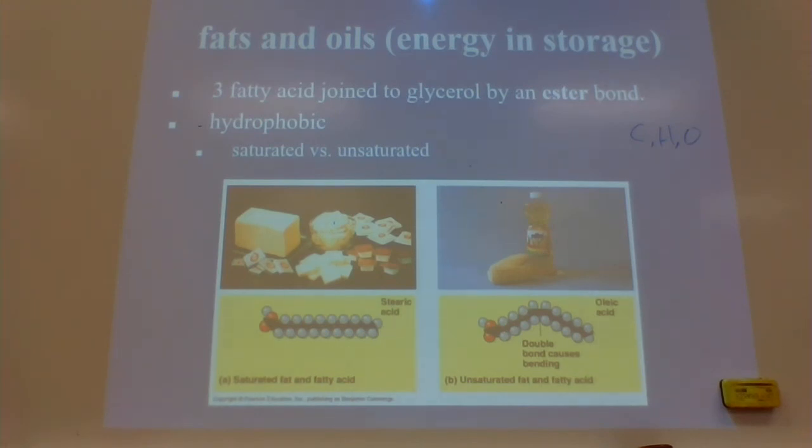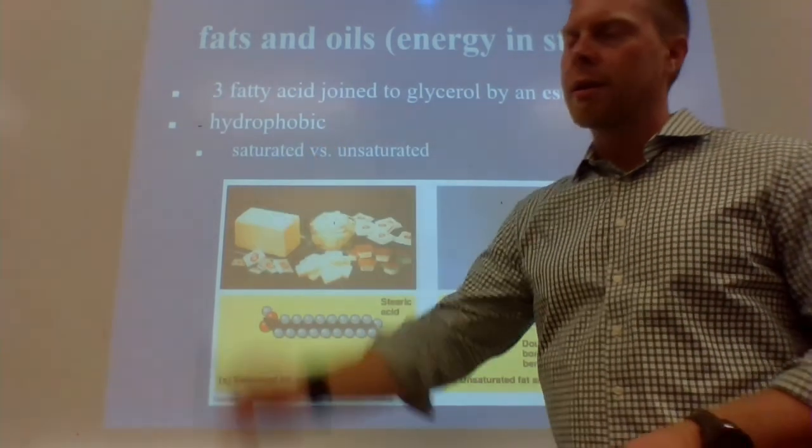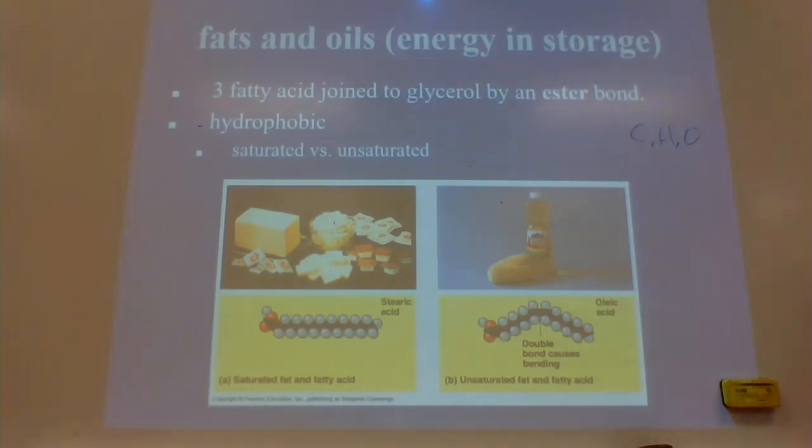And that is why fat is a really efficient way for us to store energy long term. And that's really what we use fat for, long-term energy storage. Fats are hydrophobic, which means they separate out of water.